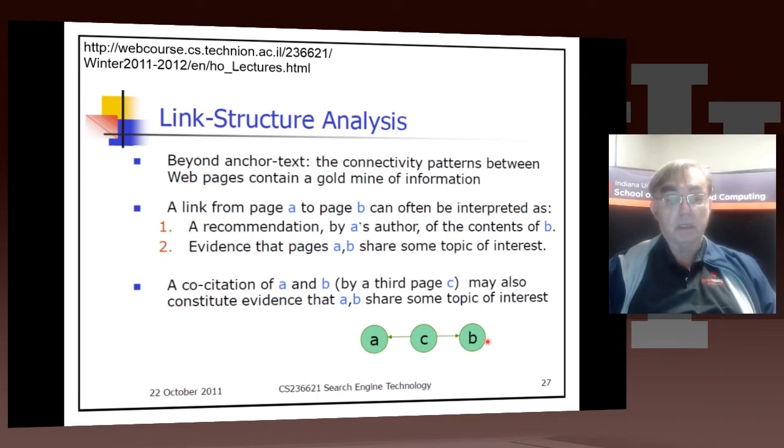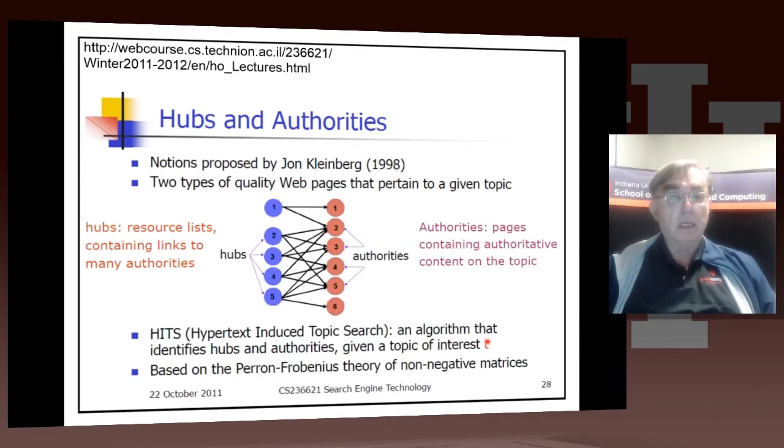They may actually be on different items because C could be a broad page and could cover various things, and it would point to A and B, but they're still probably related because C is probably a coherent discussion of something. So an early idea from Kleinberg was the concept of hubs and authorities, and those are still pretty important concepts. So authorities are things like Wikipedia or encyclopedias or dictionaries, which are pages containing authoritative content on a particular topic.